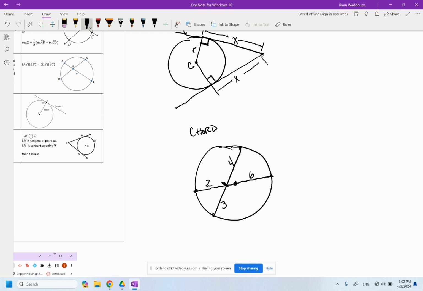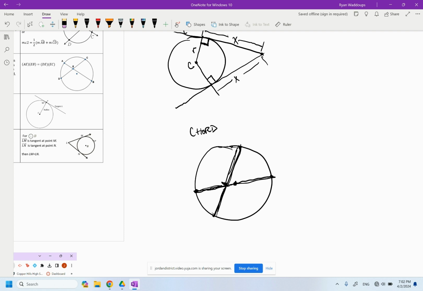The reason I know that is because 4 times 3 is equal to 2 times 6. They're both equal to 12. That's another property of intersecting chords: the segments formed by the intersecting chords, when you multiply them together, this 4 times this 3 is equal to this 2 times this 6, so they would both be equal to 12.